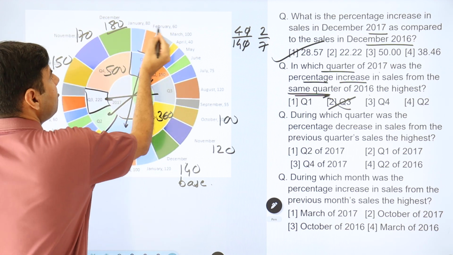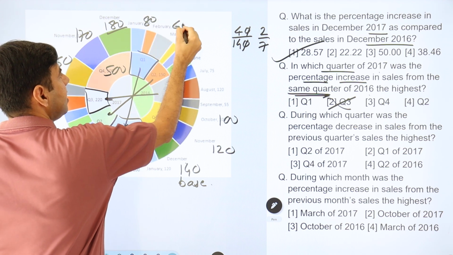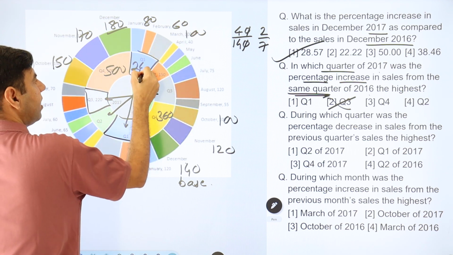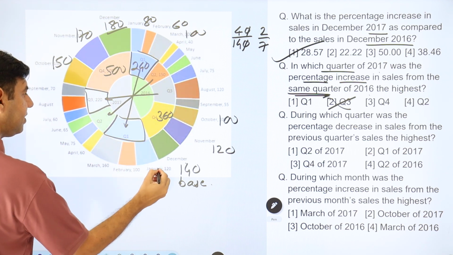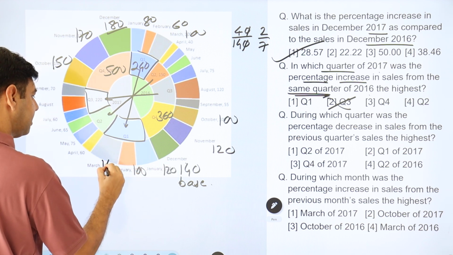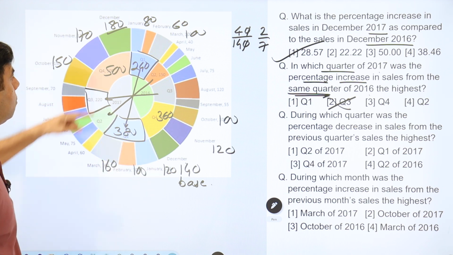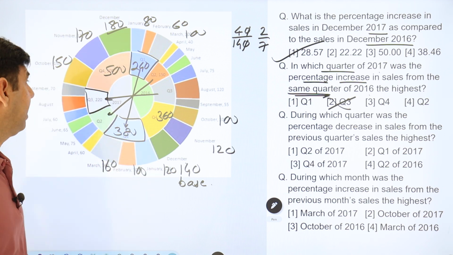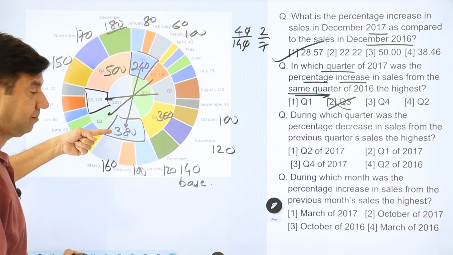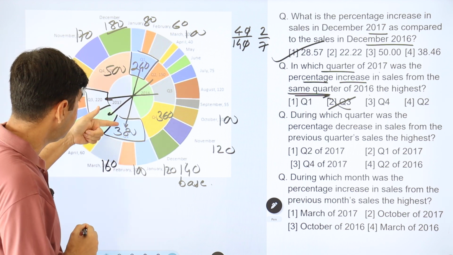So quarter 1, if I add the numbers, 80, 60, 140 and 100, that's 240, and here January 120, 100, 160, so that's 380. So the 240 has become 380, an increase of 140, okay, on 240, right?